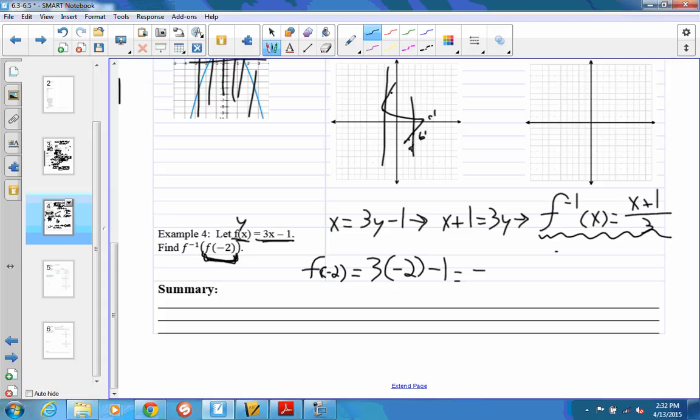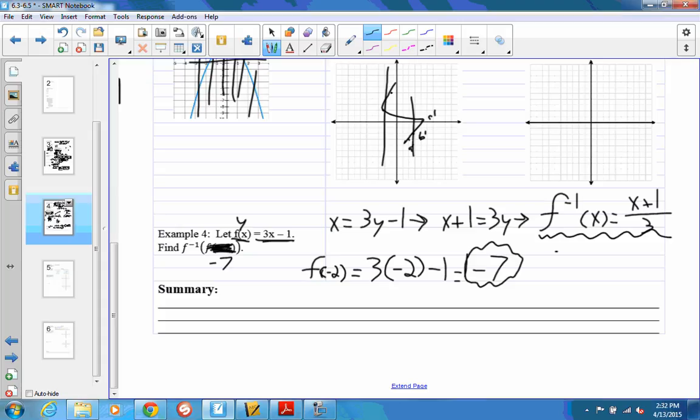A lot of people got half of it. They either got this right, or they got this right. So negative 7. I put little squigglies when I know it's not my final answer. Boxes are the final answer. So f of negative 2, I can scratch this out. I've evaluated that, and it's negative 7.